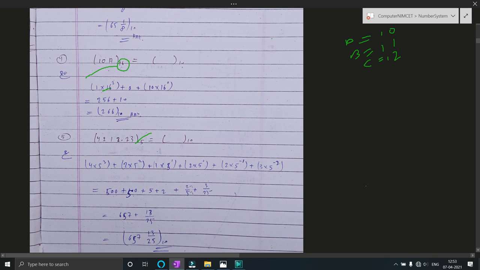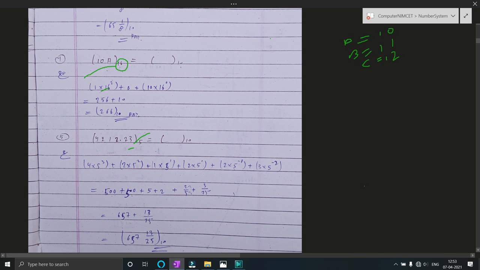Now we'll take another example. So this is base 5 into decimal. No matter what base we have, if we have to convert any base to decimal, we can convert it easily. So this time the base is 5. I've told you, just solve first the left part of the point.